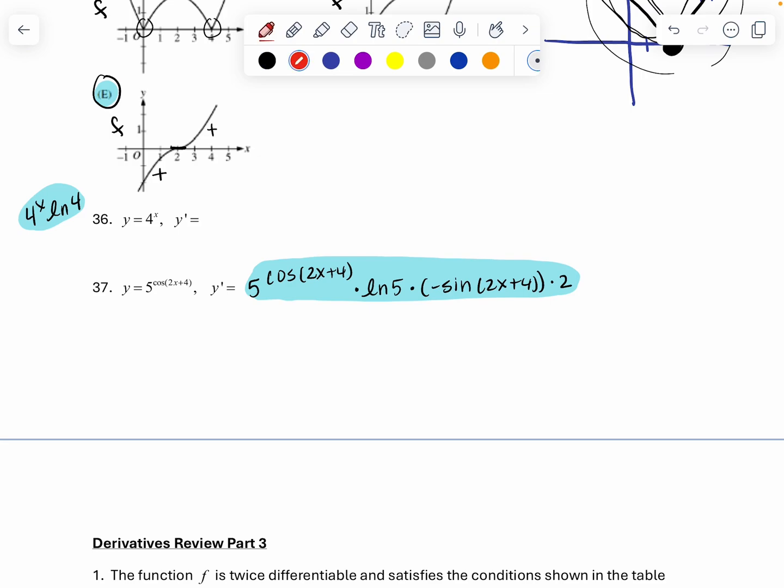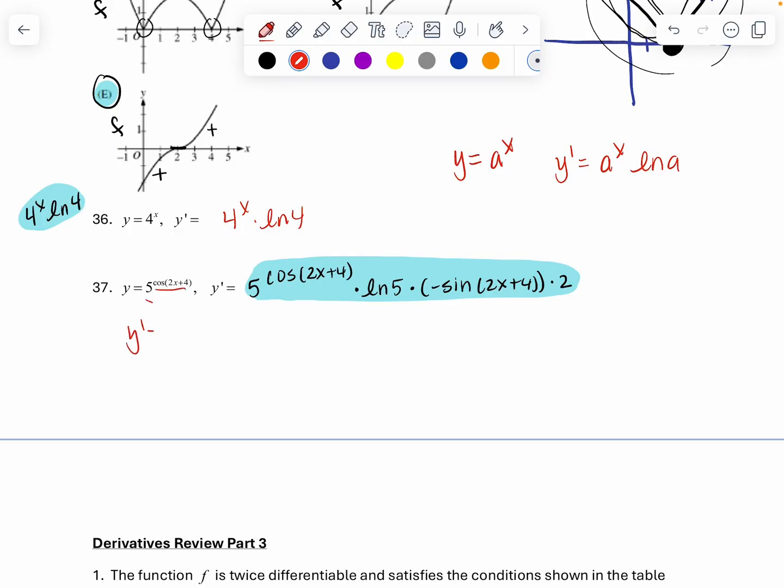This is where we're using the formula that if y equals a to the x, the derivative is a to the x times the ln of a. So this is going to be 4 to the x times the ln of 4. This one is again a to the x, except your x is something really ugly.